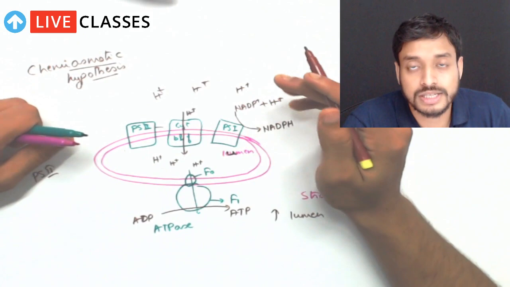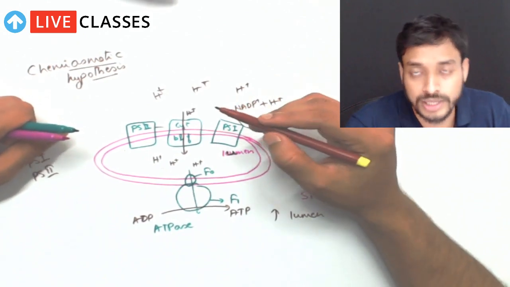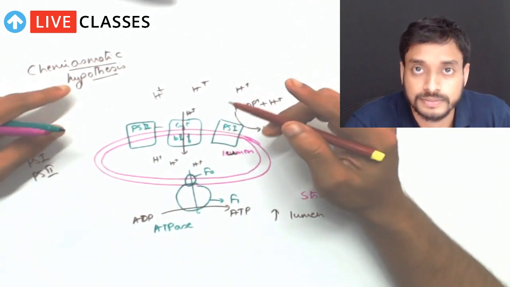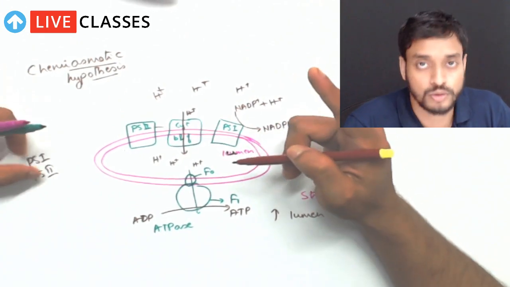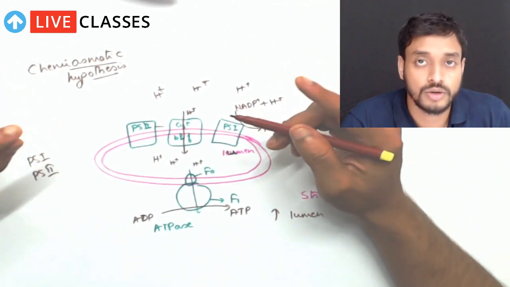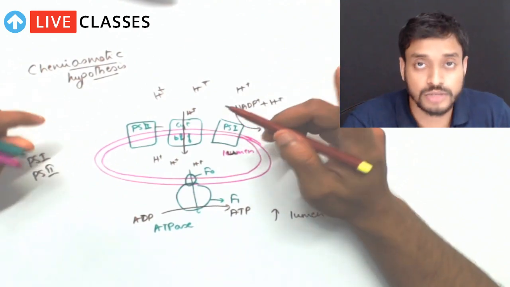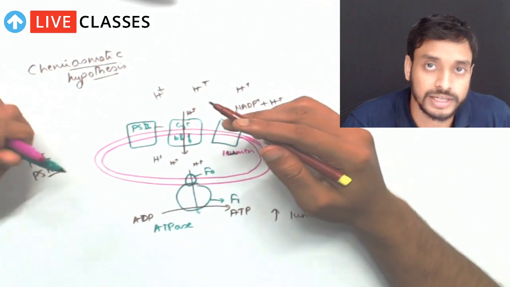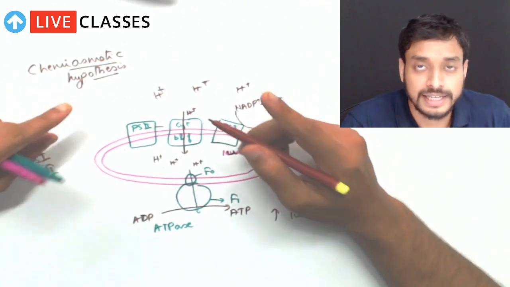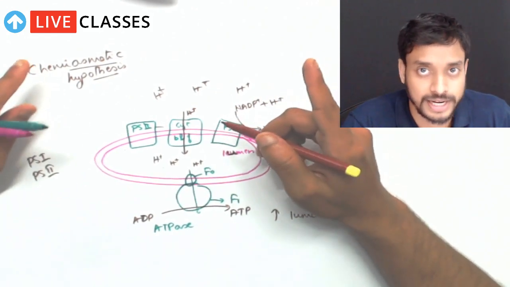So what are the two systems we have talked about? Quickly, two systems: photosystem 1 and photosystem 2. Now photosystem 1, what is the wavelength of light used by photosystem 1 for its excitation? Quickly, it is 700 nanometers, correct?